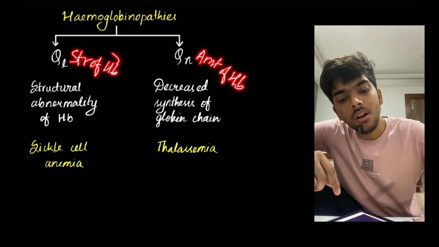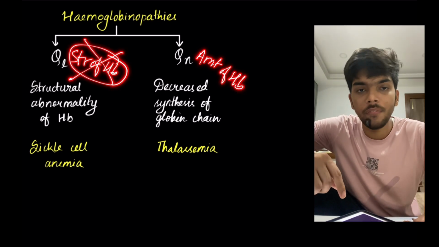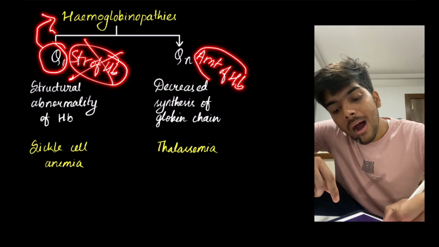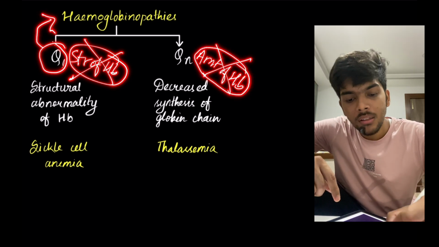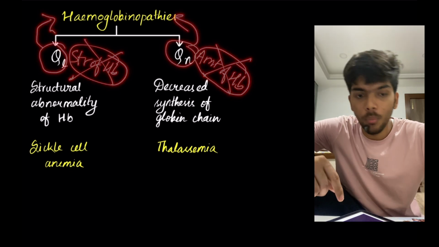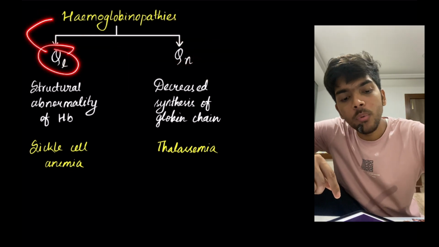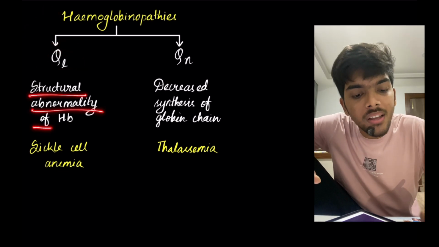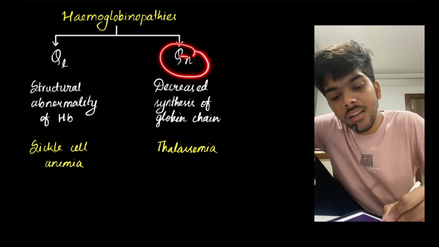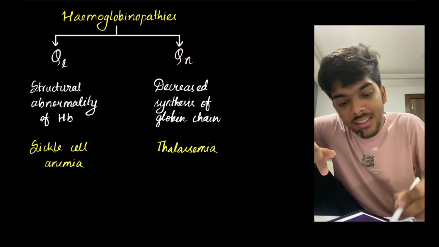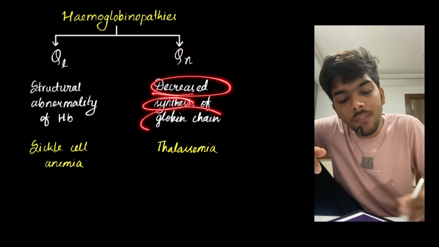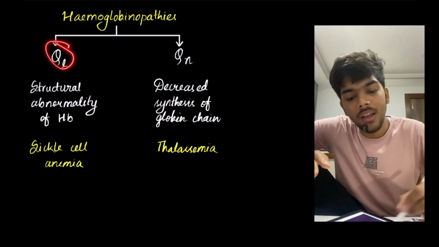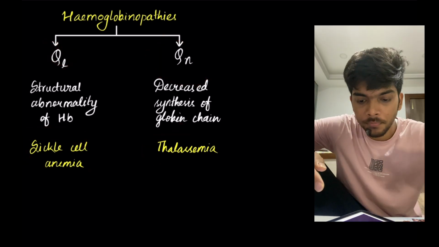If the structure of hemoglobin is altered or defective, then that is qualitative hemoglobinopathy. But if amount of hemoglobin is altered, then that is quantitative hemoglobinopathy. So qualitative hemoglobinopathy is where there is structural abnormality of hemoglobin, and quantitative hemoglobinopathy is where there is decreased synthesis of globin chain. Example, sickle cell anemia for qualitative and thalassemia for quantitative.